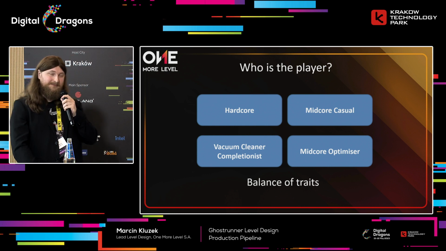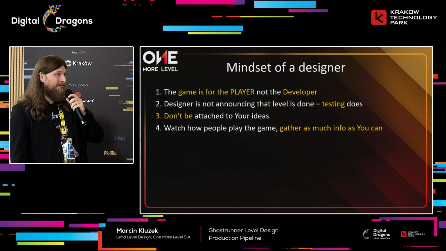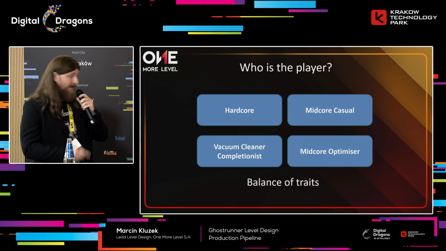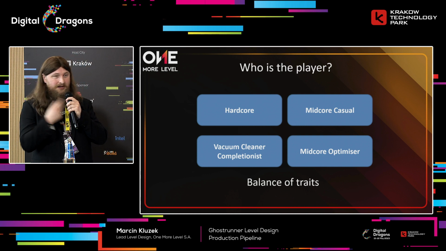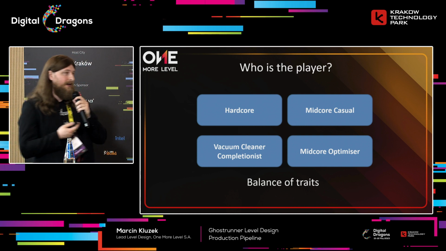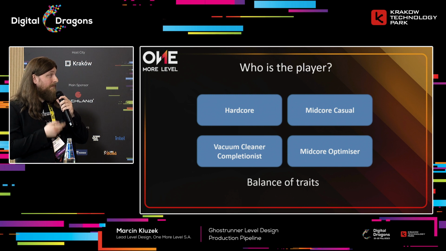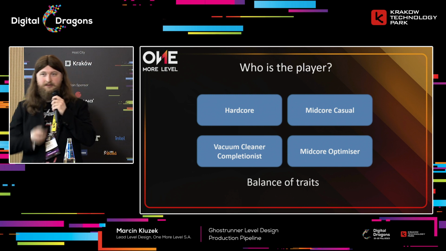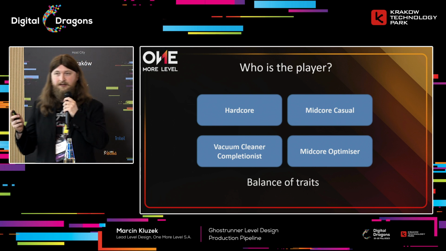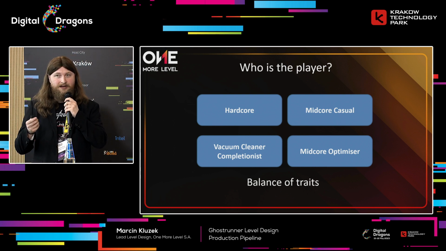It is not like official names or anything, but for my purposes it works, sorry. And internally, everybody who plays has a different balance of traits, right? Some people like to play more hardcore, like skipping the story, going really fast, and don't care about anything else like abilities or whatever.